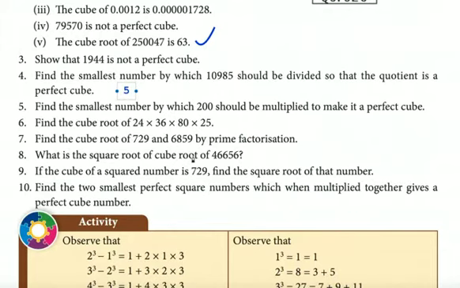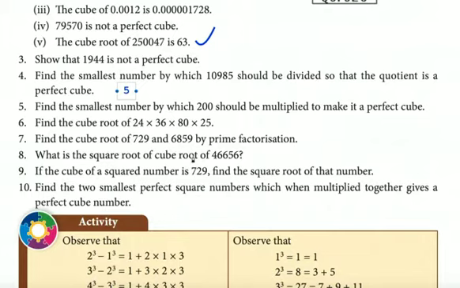Find the smallest number by which 200 should be multiplied to make it a perfect cube. If you multiply it with 2, you will get 400. But 400 is not a perfect cube. So multiply it with 3.